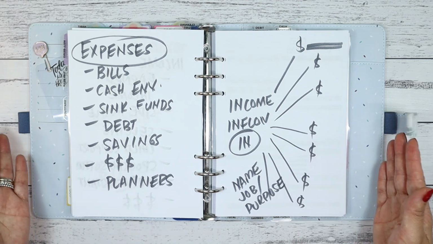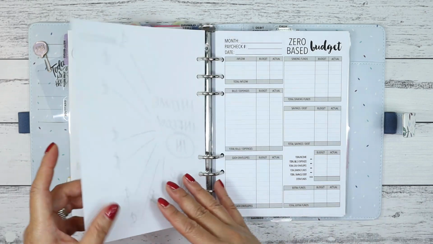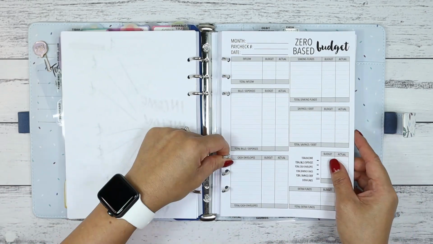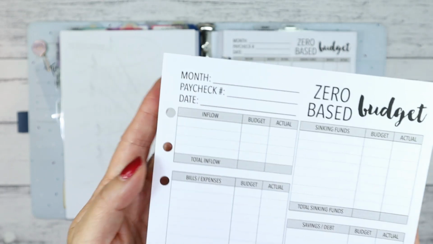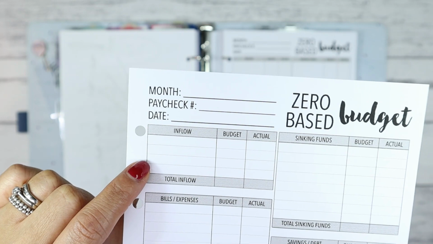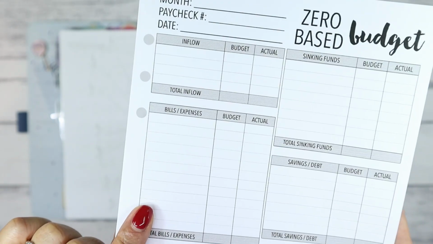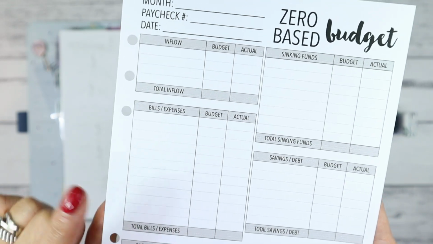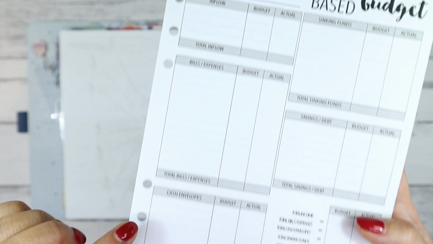So how do we figure out where we need to put our money? This is where a zero-based budget planner insert comes in. I've made one for myself, so you can write down all the money that needs to come in, all the bills and expenses that you have, whether it's for the week, for the fortnight, 2 weeks, or for the month.